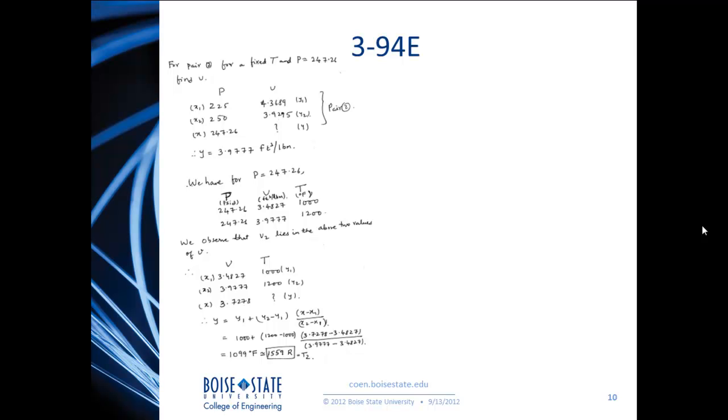So that would mean that if we pick the V and T combination for a fixed P, we should be able to determine T2. And as shown there, we determine that it's about 1559 Rankine or 1099 Fahrenheit, which would be our T at the state 2. And this makes sense because it has to be between 1000 and 1200.